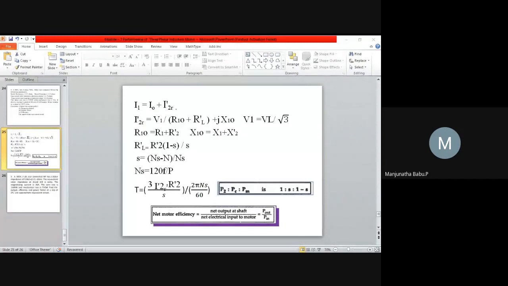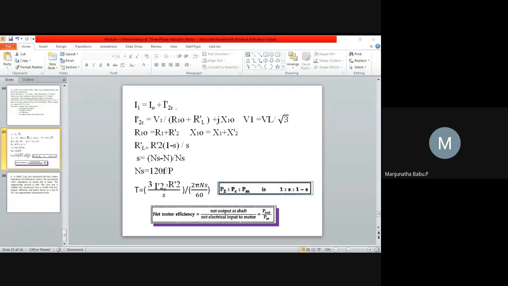How much are you getting? 1.8 minus j 19.9. Okay, fine. So that is the conversion.